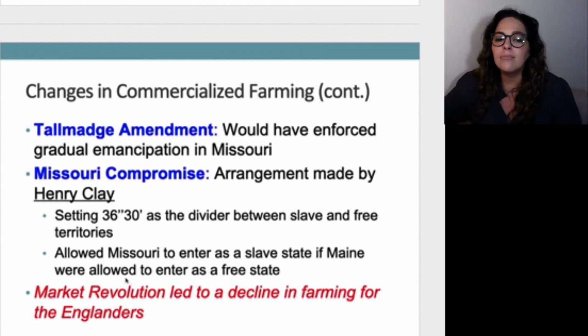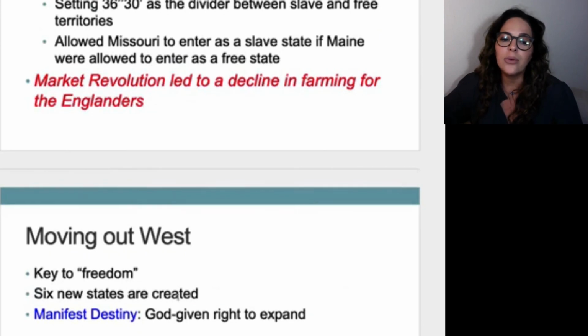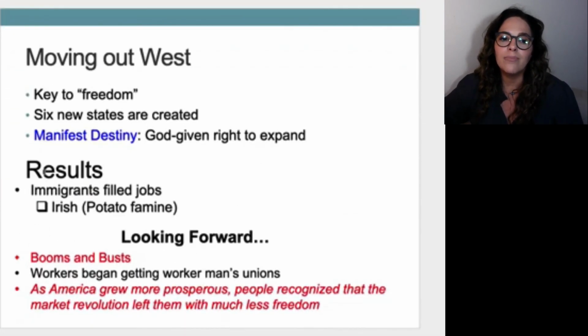Anyways, the market revolution is going to lead to a decline in general for farmers in New England. And so, when we're looking ahead here, moving out west was the key to freedom. Okay, six new states are going to be created during this time.